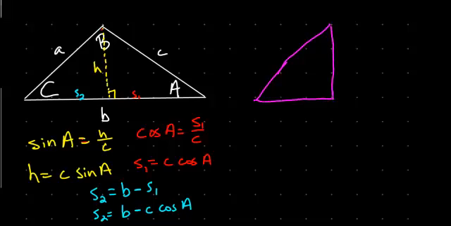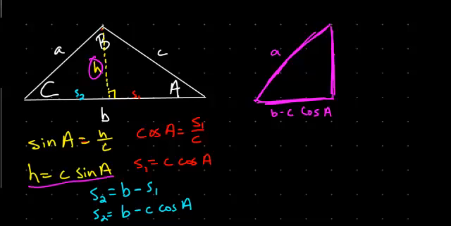Where this side here is my S2, which is B minus C times the cosine of A. And this side here is my side little a. And this side here is H, but I'm going to rewrite it as we did down here: C times the sine of A.